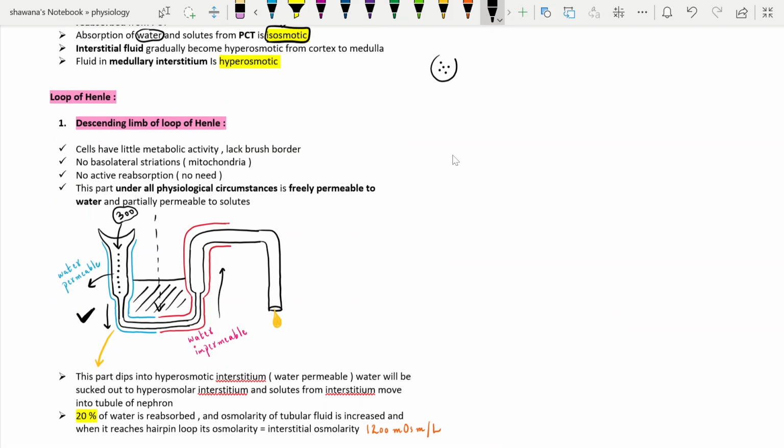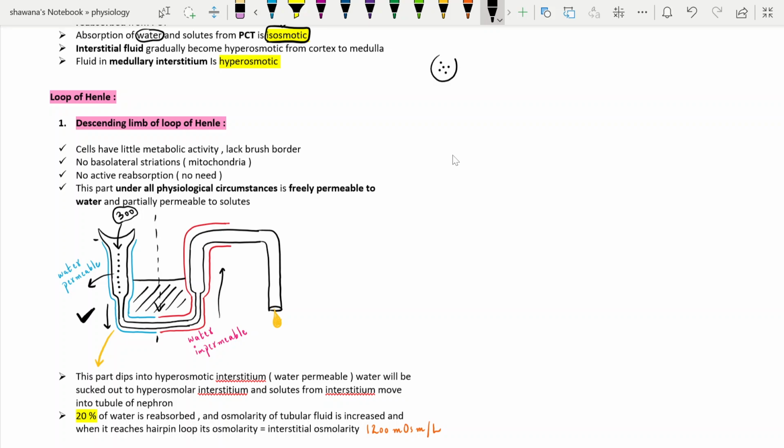One more very important thing to remember: this part of the nephron, from the proximal convoluted tubule up to the descending limb of loop of Henle, is under all physiological circumstances freely permeable to water and partially permeable to solutes.